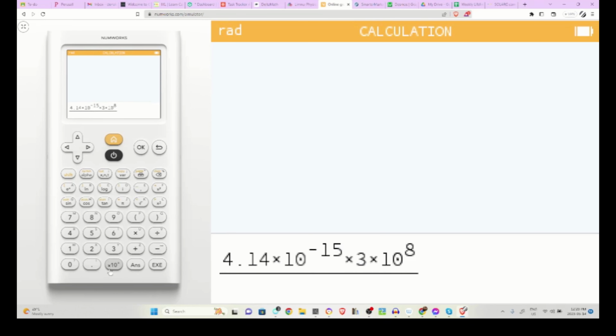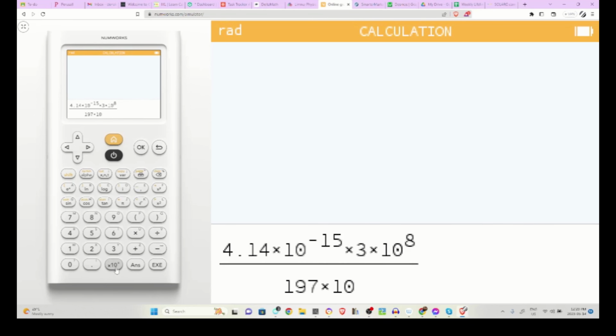Now, 4.14, let's make sure we've got the right one. Yeah, 4.14 times 10 to the negative 15 times 3 times 10 to the 8 divided by 197 times 10 to the negative 9.